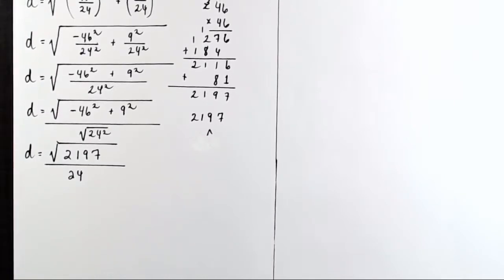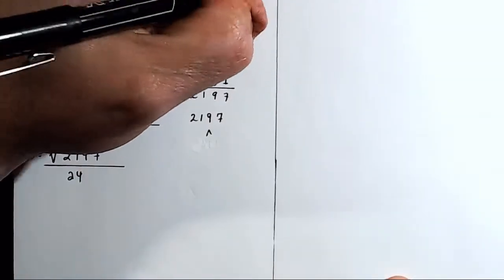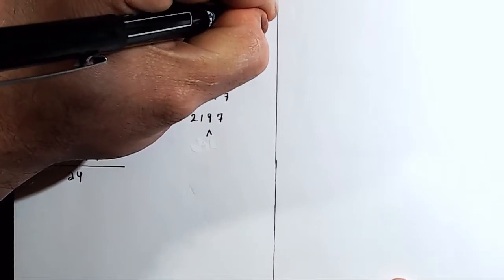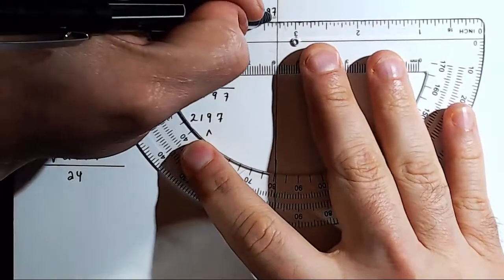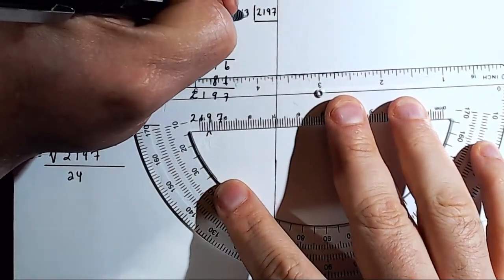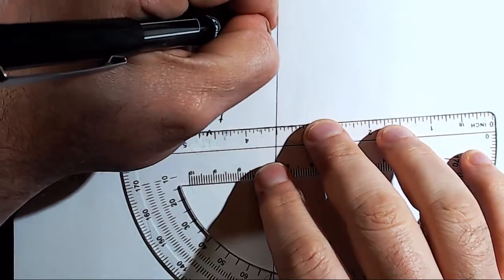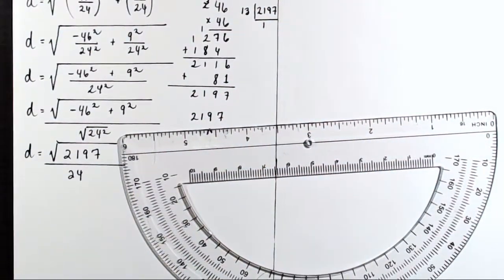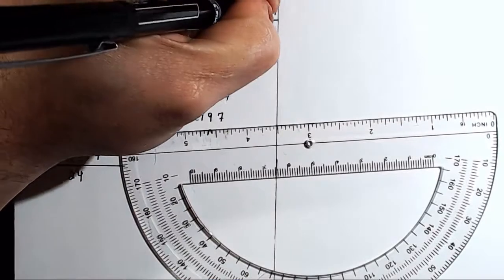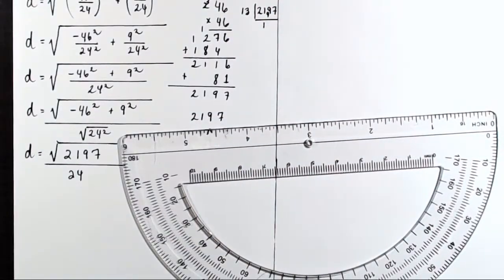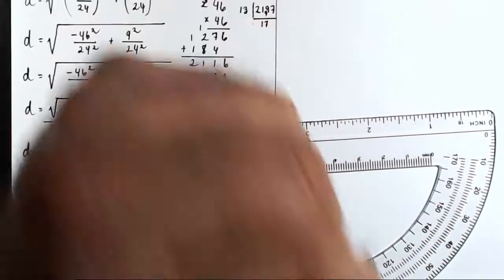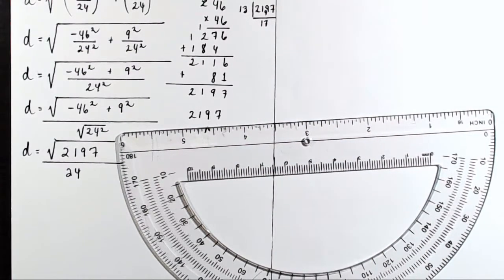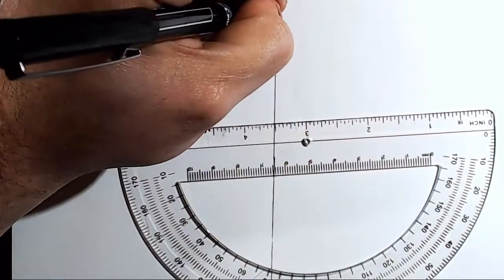If we're going to try 13, I'm going to actually do the division. 2197 divided by 13. 13 goes into 21 once, and that's 9 left over. 13 goes into 99 7 times, and that's 91, so 8 is left over.